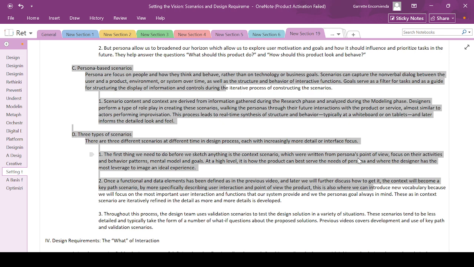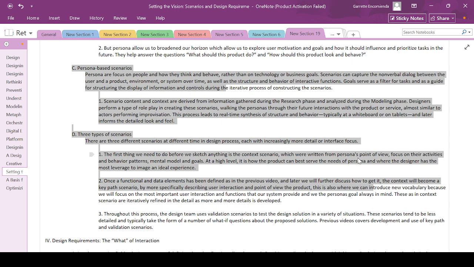So in creating these scenarios, on the drawing board, a simple scenario gives the environment and the goal. Later we will explain this in detail. It's a text-based form. It lets them empathize with the user or the persona.